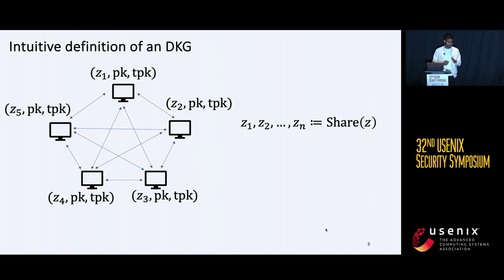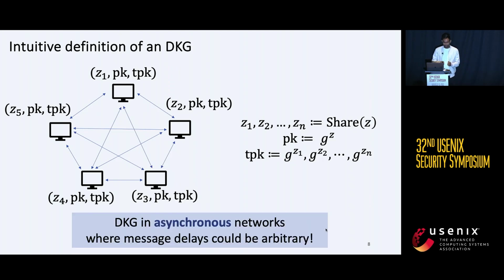These Zi are the Shamir shares of the secret Z. We want the secret to be hidden from the adversary, and the threshold public keys to be deterministically defined from these. In this talk, I want to focus on asynchronous networks. We want to design DKG protocols for asynchrony, where the message delays between honest parties can be arbitrarily long. That's the property we have in the network.